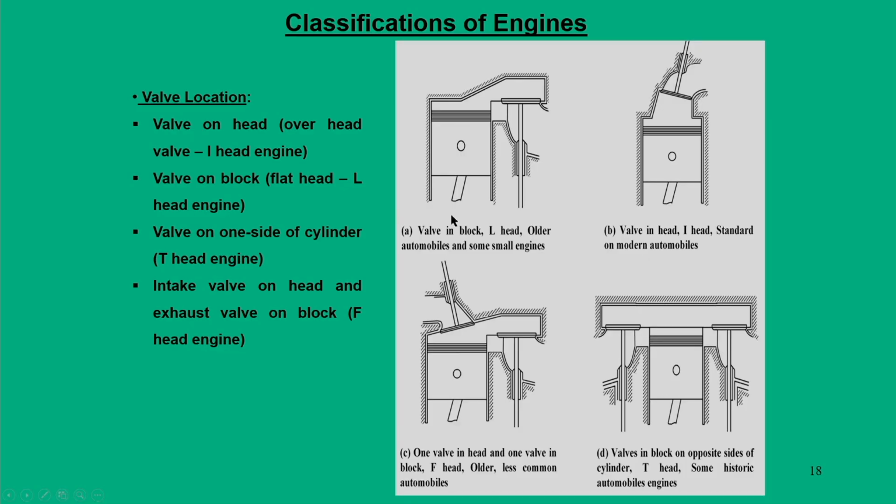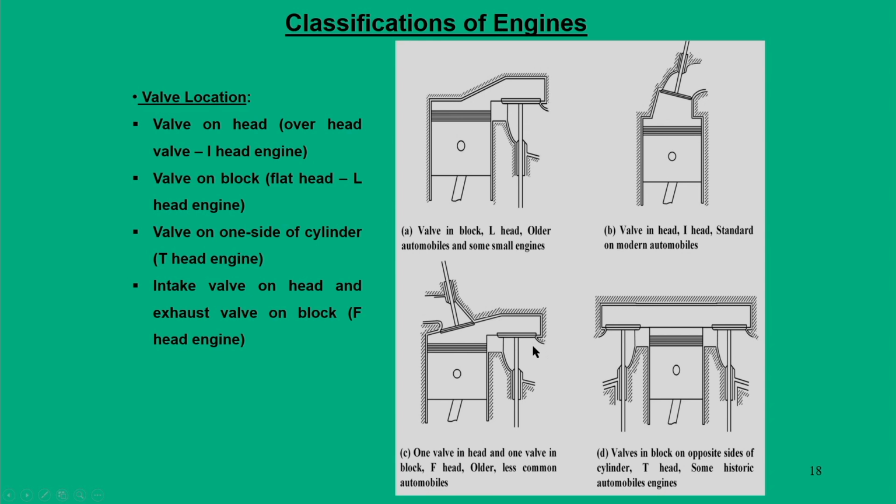There are many possible designs. One can think of L heads, which means the valve is in the block, that is, the inlet or exit valve is kept in the engine block. So, it is a flat head or L head engine. The valve can also be kept directly on the head itself. So, it is an I head engine.